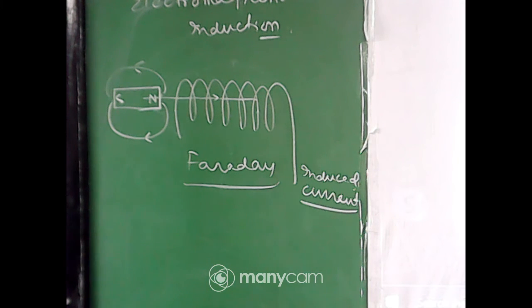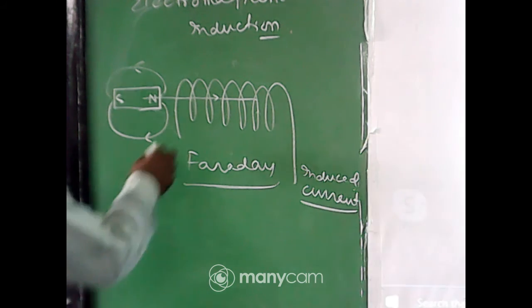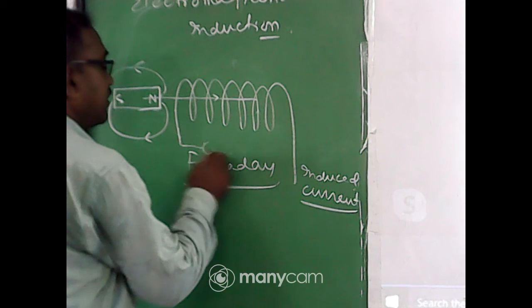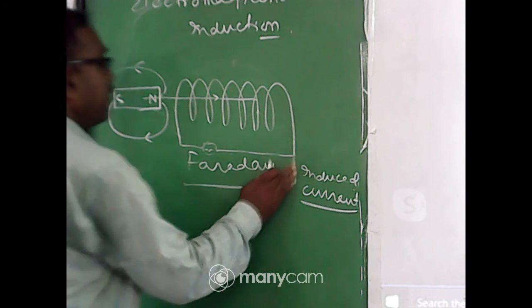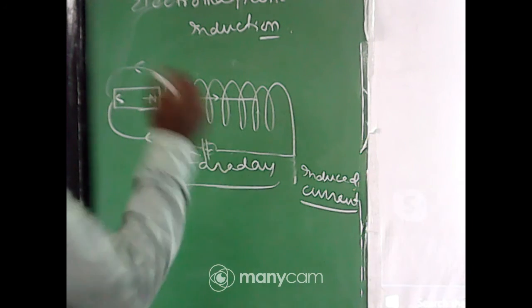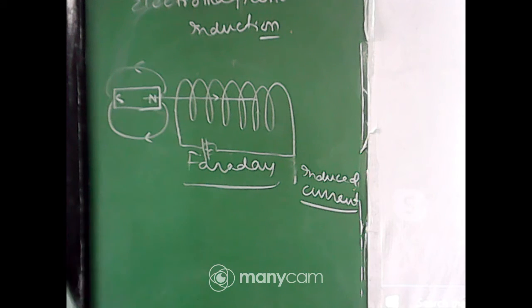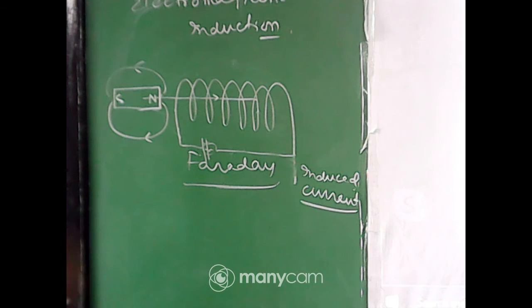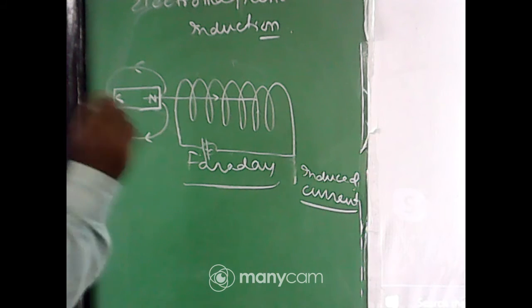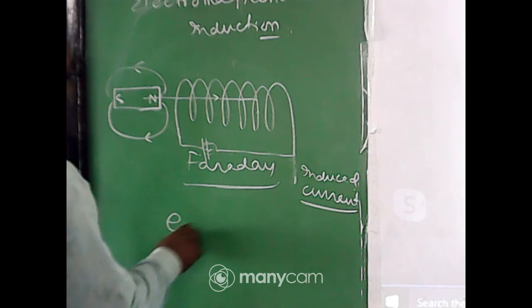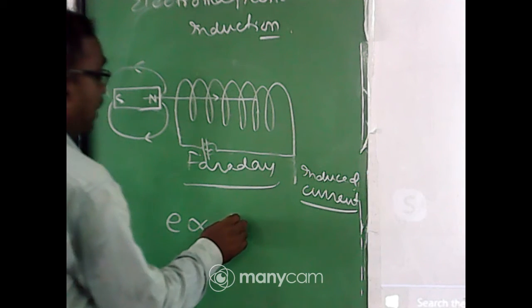But second law, induced EMF is created in this coil. EMF means the cell, you see it. When the current is created in that coil, it is induced by the change of flux. So the induced EMF is directly proportional to the rate of change of flux.